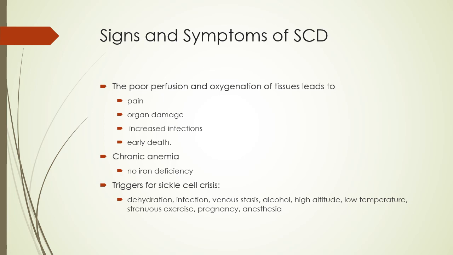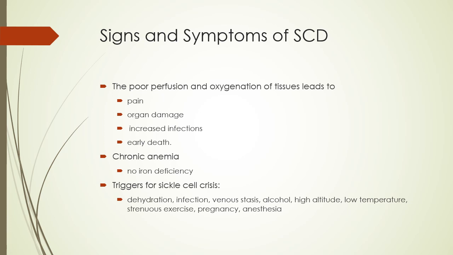Because the red blood cells have a short lifespan, as I said, instead of 120 days it's approximately 16 to 20 days, the patient will have chronic anemia, but it's interesting that these patients will not be iron deficient.